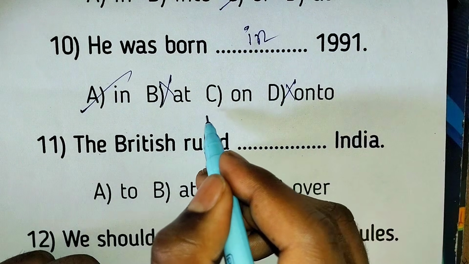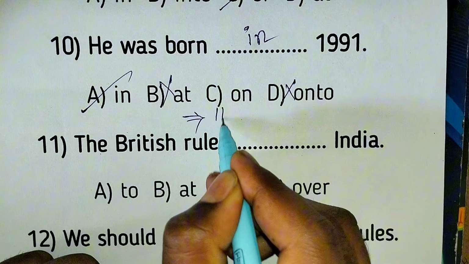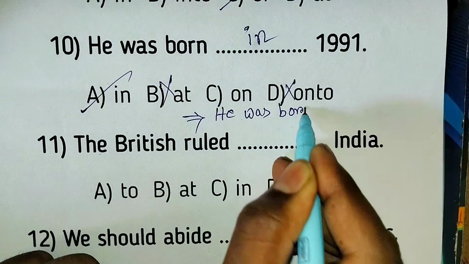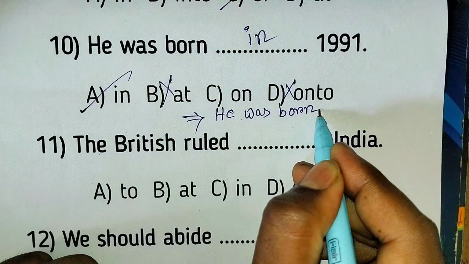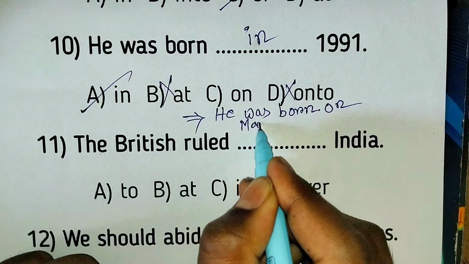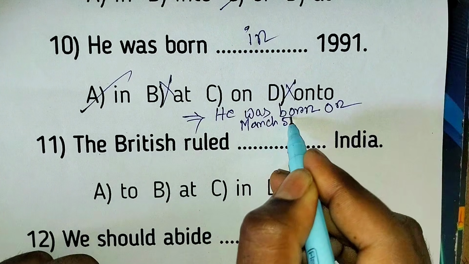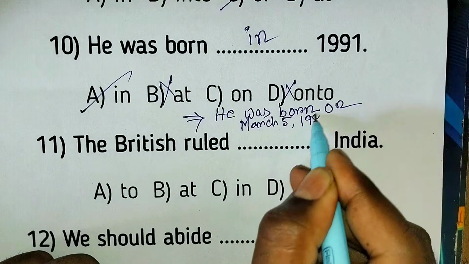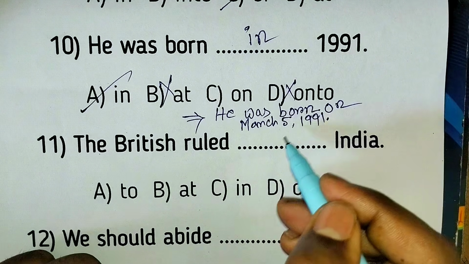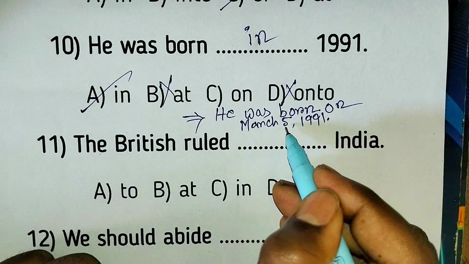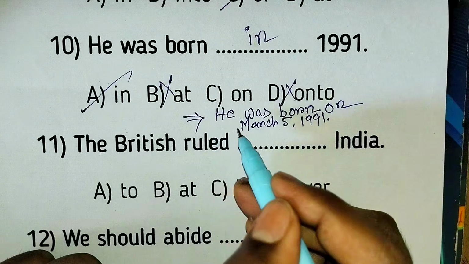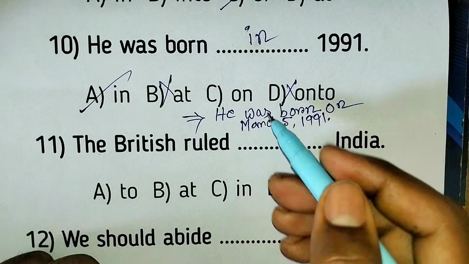Suppose he was born on March 5, 1991. In this sentence there is a mention of a specific date, March 5, 1991. So that's why we have to use on, not in.